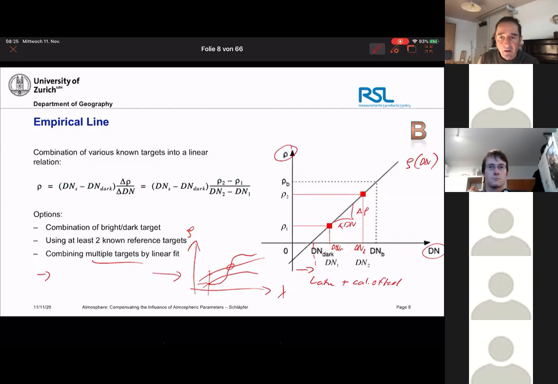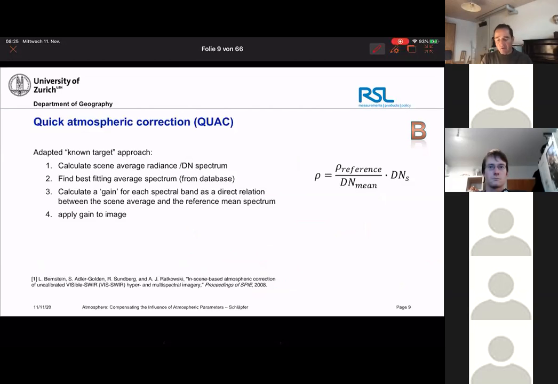I don't see anything. There is another method which has been implemented in ENVI. It's called the quick atmospheric correction, the QAC, and it's a very nice idea. What they say is, in certain areas of the world, or in certain climatologies, an average image always looks the same.